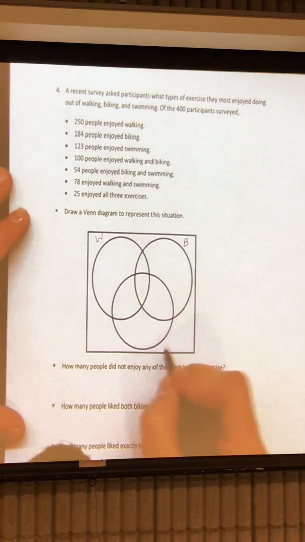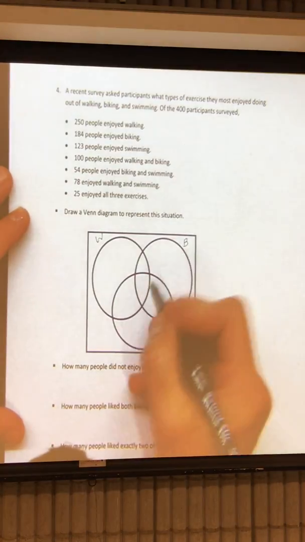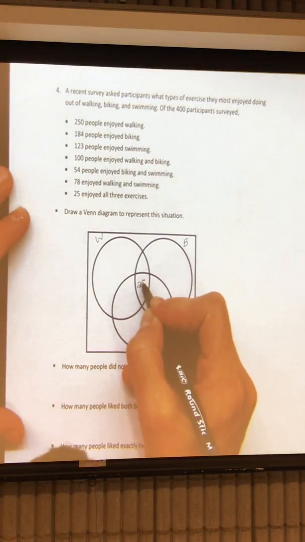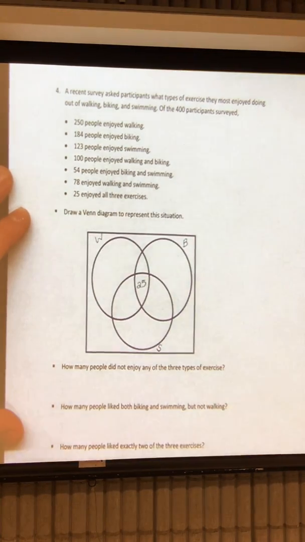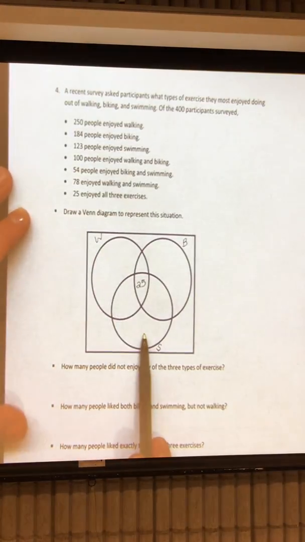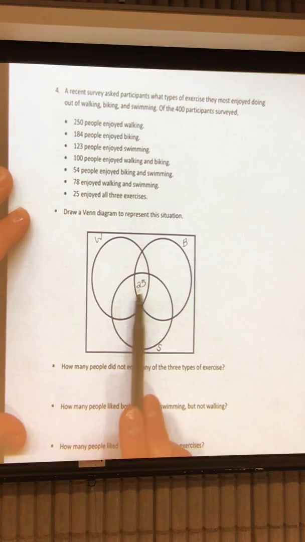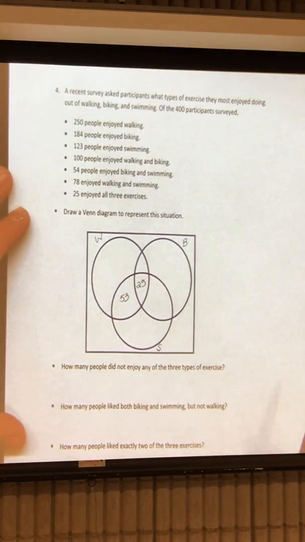And this one we will call the swimming circle. So we're going to start with all 3, which is 25. So 25 enjoyed all 3 exercises. 78 enjoyed walking and swimming. Therefore, we have 78 minus 25, which is 53.